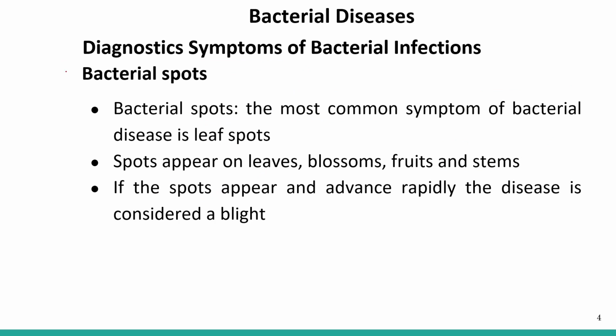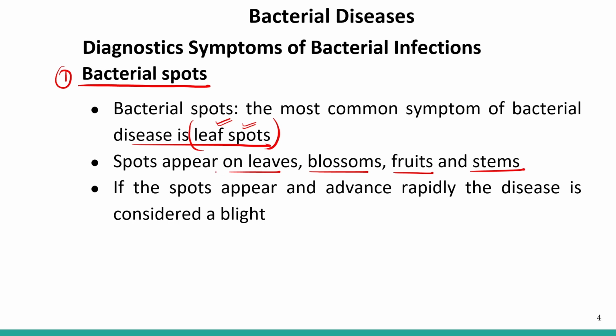So the first one is bacterial spots. The most common symptom of the bacterial disease is the leaf spot. Very commonly we can see leaf spots on the plants in case of bacterial spots. The spots appear on leaves, blossoms, fruits, and stems.